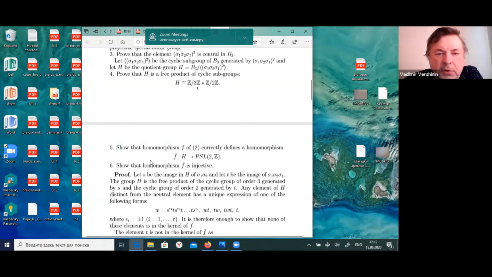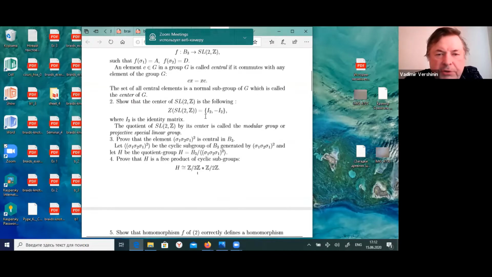And we considered the homomorphism from this thing to PSL 2Z, so the group of matrices SL2Z, the matrices with determinant equal to 1, and for P we need to factorize by the center.